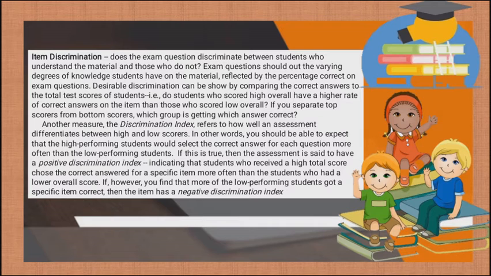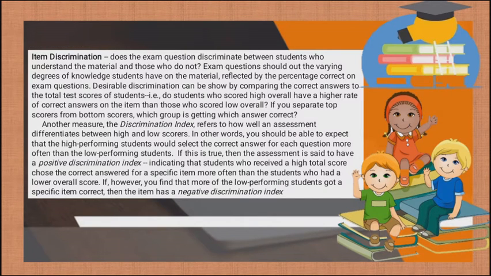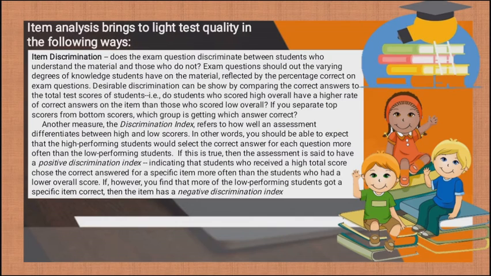In other words, you would expect that the high-performing students would select the correct answer for each question more often than the low-performing students. If the situation was like that, then the assessment is said to have a positive discrimination index.